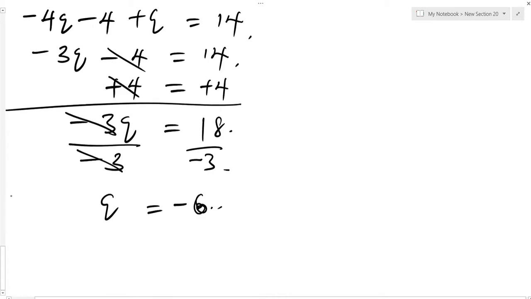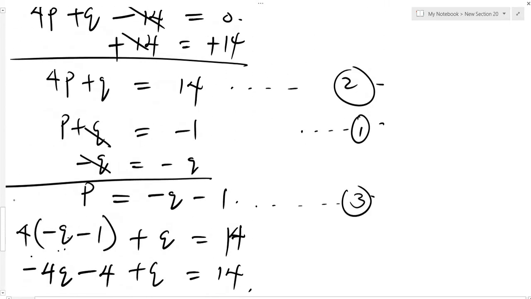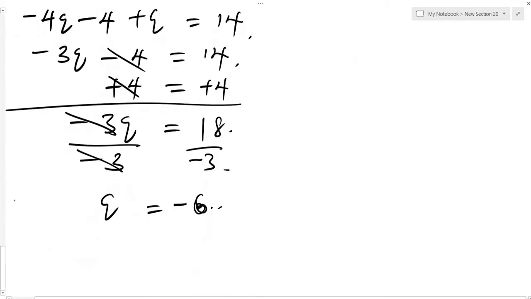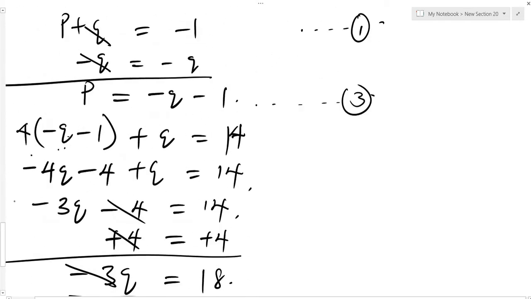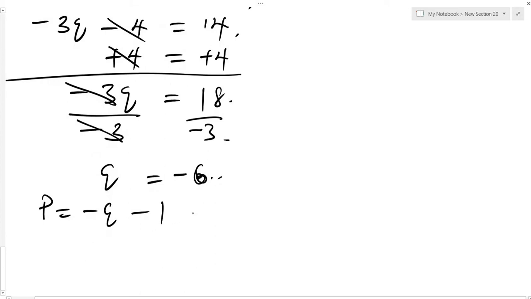So that means wherever I see q, I will replace it with minus 6. So I'll substitute q equal to minus 6 in equation 3. So equation 3, p is equal to minus q minus 1. So wherever I see q, I will substitute it with minus 6, minus minus 6 minus 1.